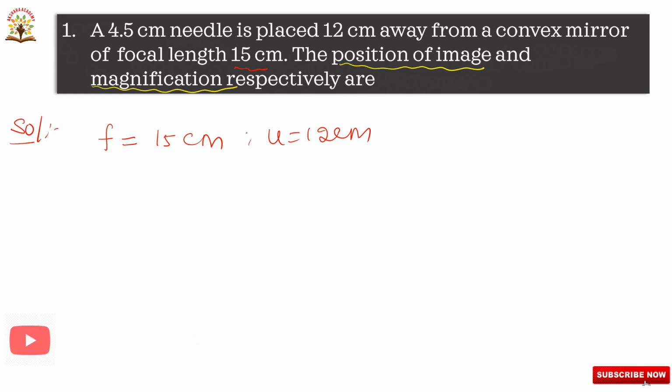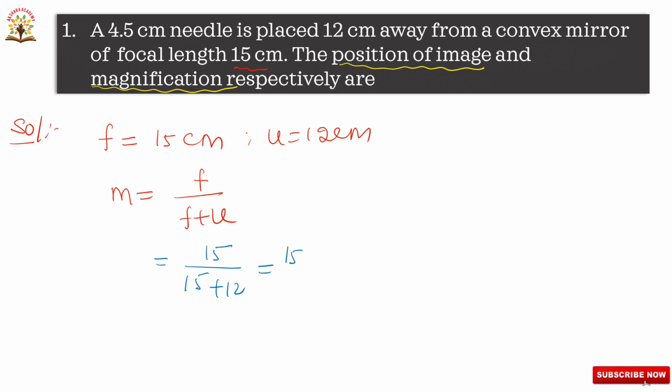Magnification m is equal to f by f plus u. Substituting values, that is 15 by 15 plus 12, which is 15 by 27. That implies 3 5s are 15, 3 9s are 27. So m is equal to 5 by 9.